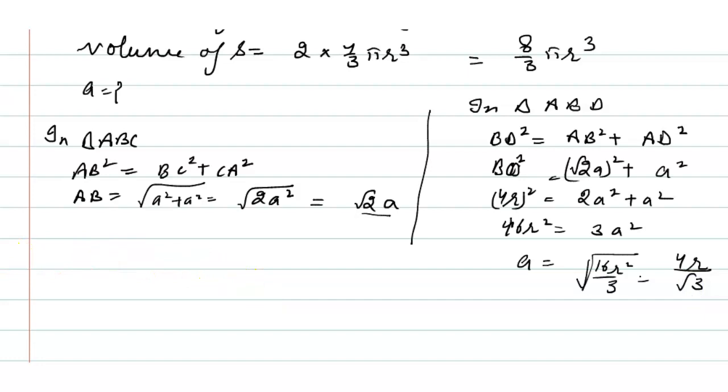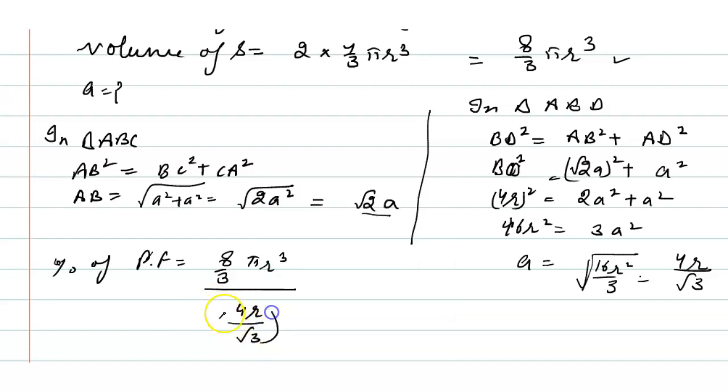Now find the percentage of packing fraction, which is equal to volume of sphere, 8 upon 3 pi r cube, upon volume of cube, which is 4r upon root 3 cube. So it is 8 upon 3 pi r cube upon 4 4s are 16, 4 16s are 64, r cube upon 3 root 3.